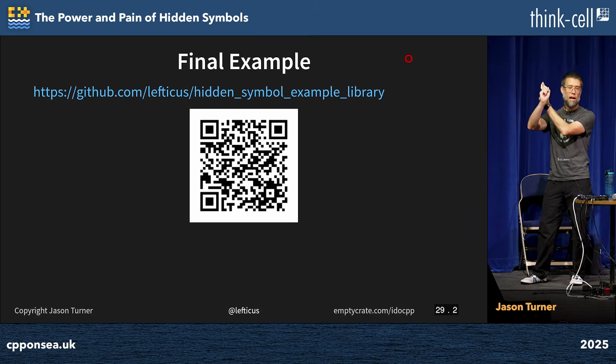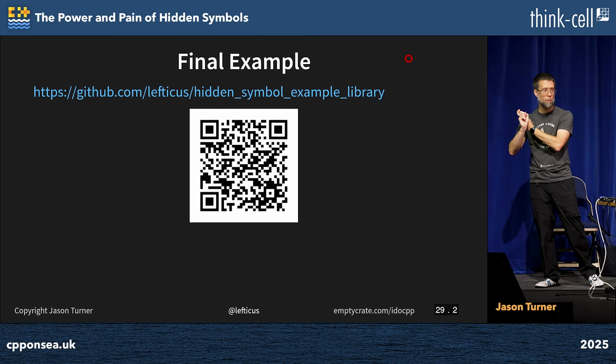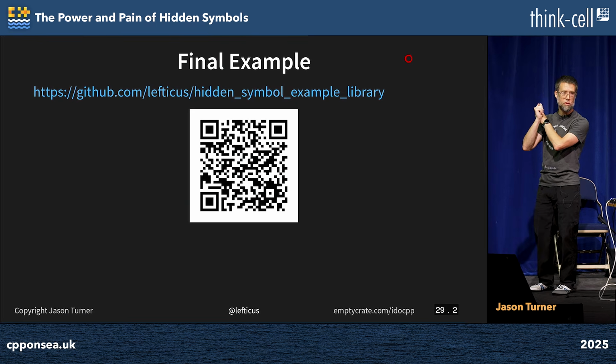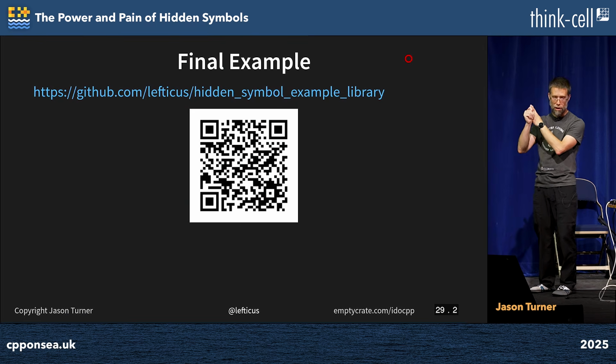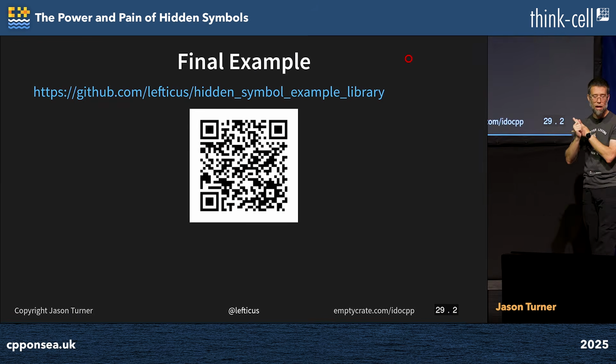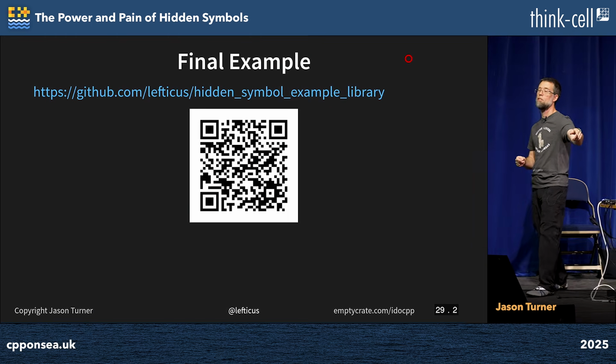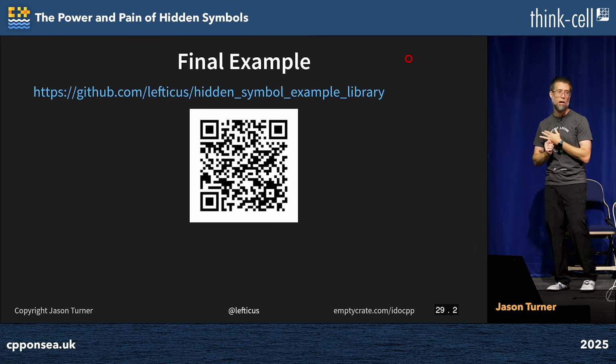CMake will generate that header file for you correctly that works cross-platform. You can use CMake directives to make your symbols hidden. That works correctly across platforms. And you can use CMake directives to enable link time optimization. This demonstrates all of those things and the compilation firewall for your constexpr data if you care about that.